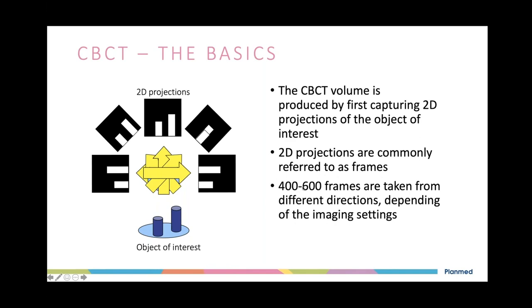Typically, cone beam CT image volumes are made up of somewhere between 400 and 600 frames. 400 to 600 individual X-rays make up that full cone beam volume.